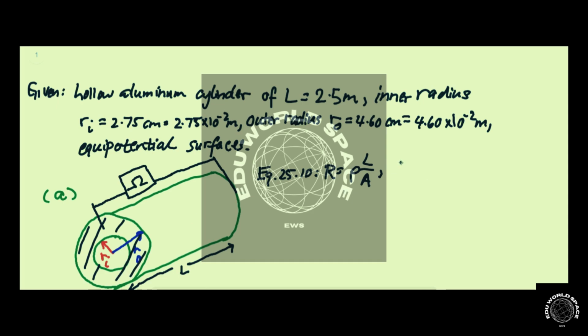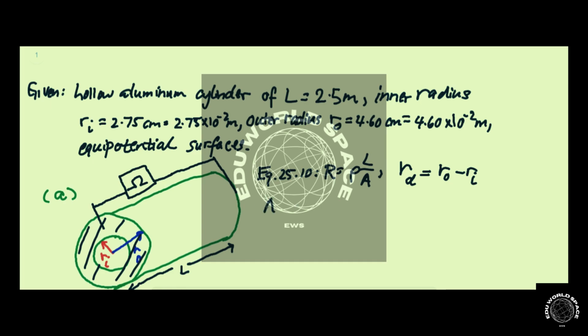So let's say r_d, which is the difference between the outer and inner radius, that is the radius in which the aluminum lives.